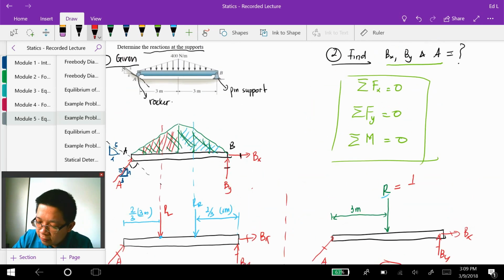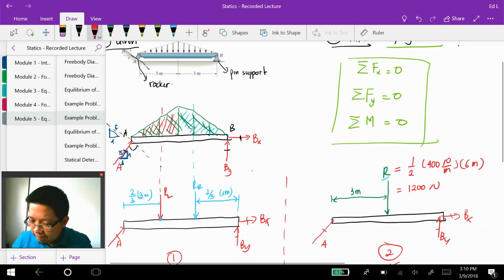So we will have 1/2 times 400 Newton per meter times 6 meter. Then we obtain here 1200 Newton.